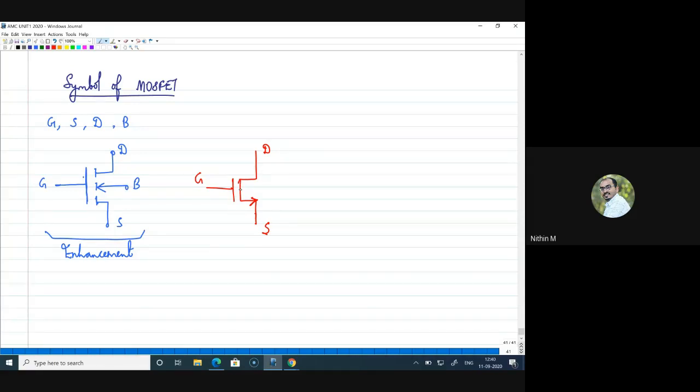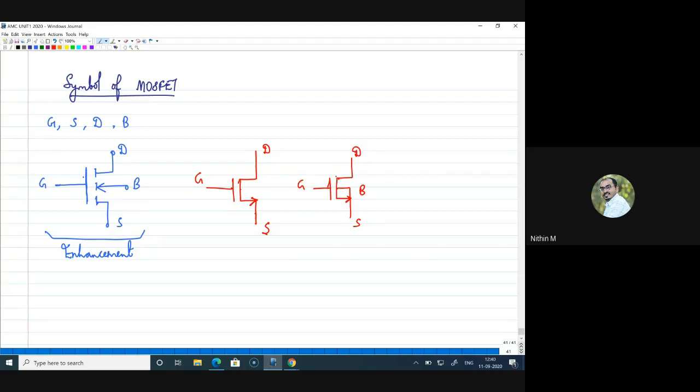Now, body can be shown as the 4th terminal, and if body is tied to source, it is connected to the source like this. Or we can even omit the body terminal, which also states that body is connected to the source terminal. So this is body, this is source, this is gate, and this is drain.